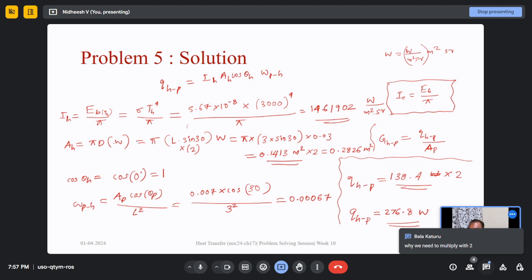Because we are doing pi times D times W, the circumference into the width. But when I wrote L sin 30, that is only the radius, not the diameter. So the actual D value is 2 times this radius, 2r. Is that clear?